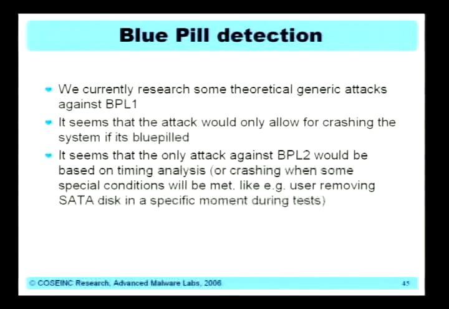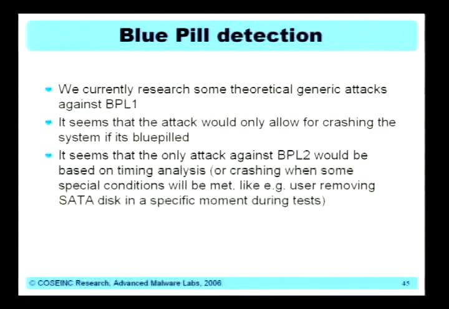We also researched, together with Alex Tereshkin, some theoretical ways to detect Blue Pill level 1 which are not based on timing analysis. And it seems that the only way would be a very smart brute force attack, which would allow for crashing the system when it is blue pilled.